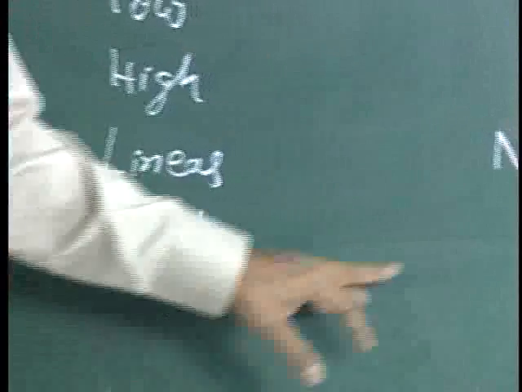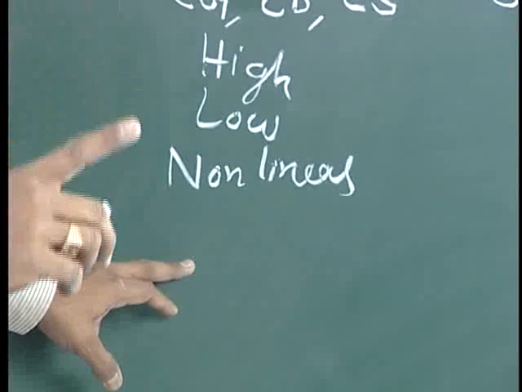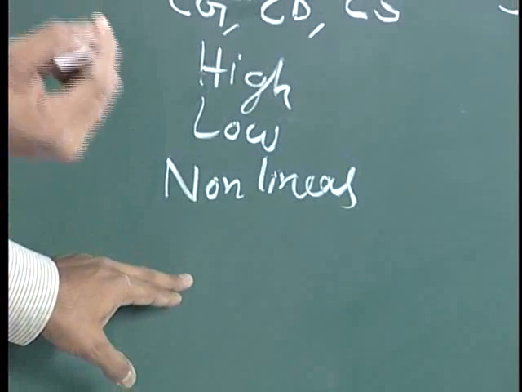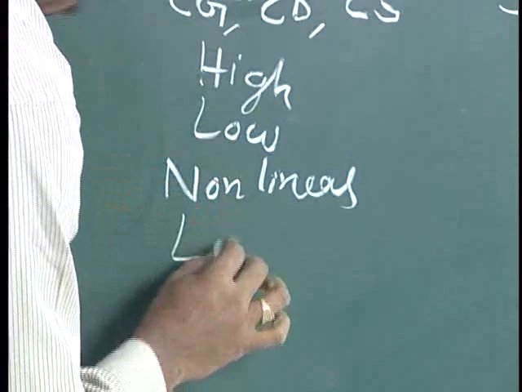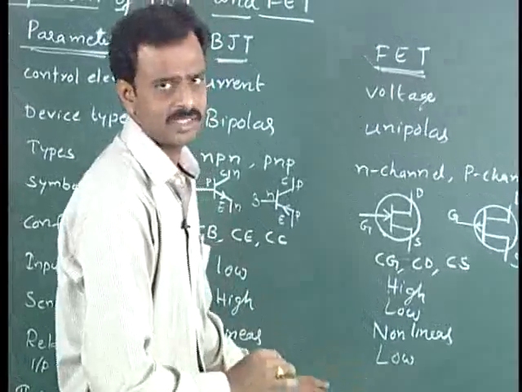Whereas coming to the field effect transistors, the conductivity is due to only one type of charge carriers, so the noise produced within the device during operation will be less, so the thermal noise will be low for field effect transistors.